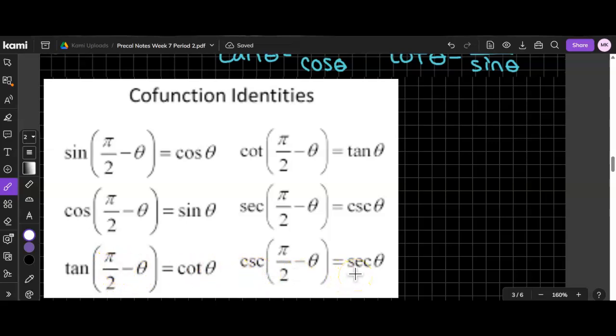Cosecant and secant as well. And so it is a lot of writing that you see up here on the screen, but they're all rules that we can use in order to write something as a new identity, maintaining its identity, but writing it in a new way.